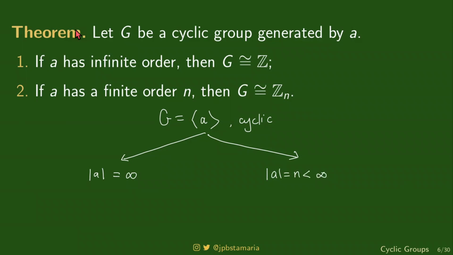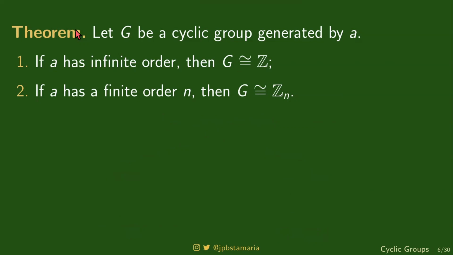Pag pala yung generator mo ay may infinite na order, anong conclusion? G is isomorphic to Z. Kapag naman si generator a ay may order na n, ang conclusion, si G isomorphic lang sa Z sub n. Ang tanong, bakit? Why is this true? Kasi, gagamitin natin yung theorem natin kanina.